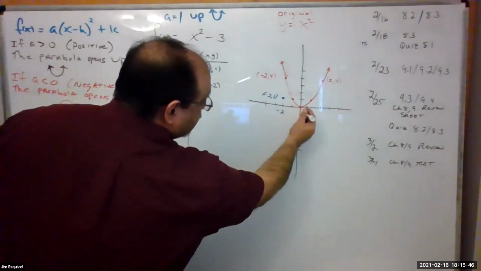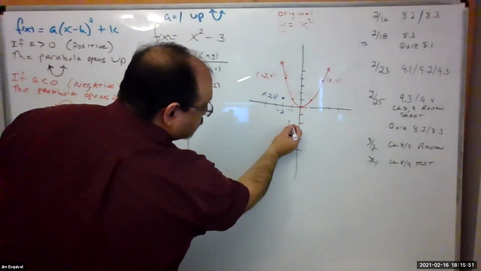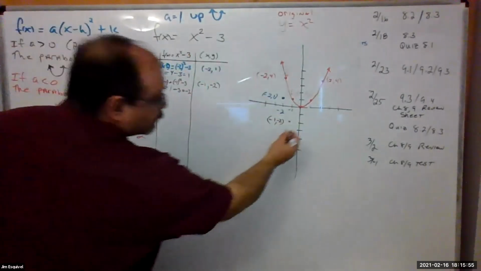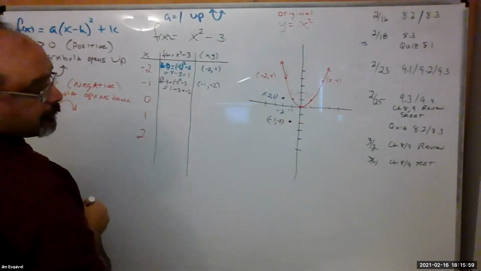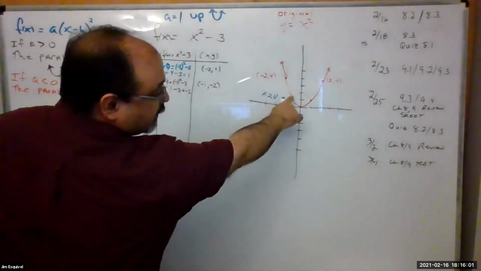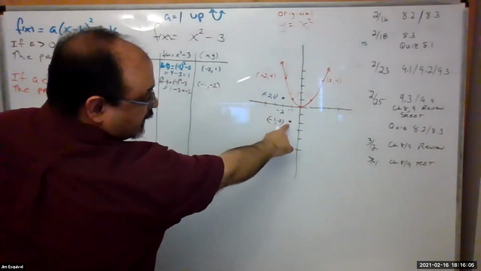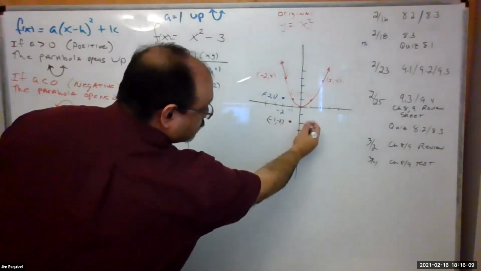So when we plug in -1, we're down here at -2. The last time we plugged in -1, we were at +1. This time, that y value is now here at -2.